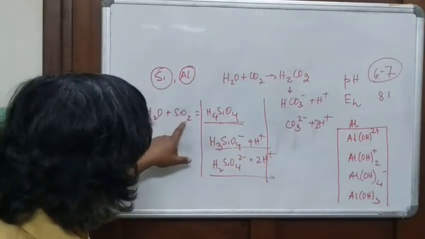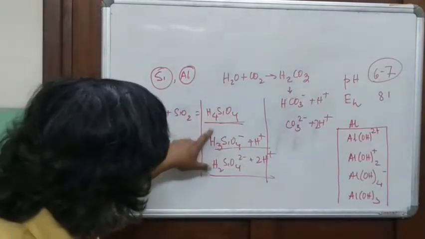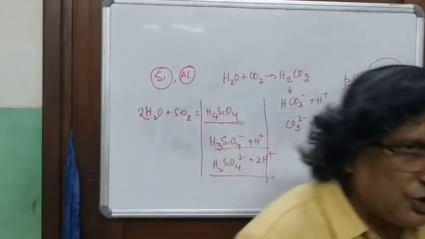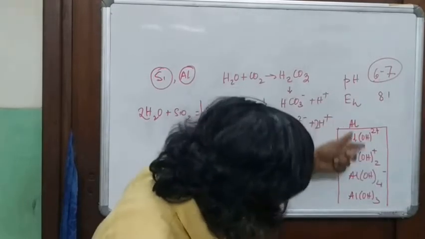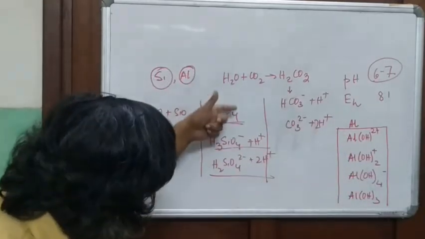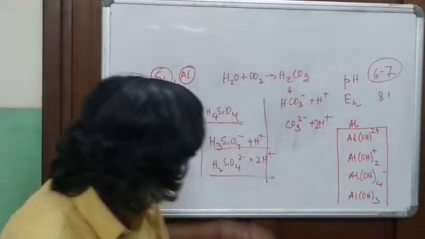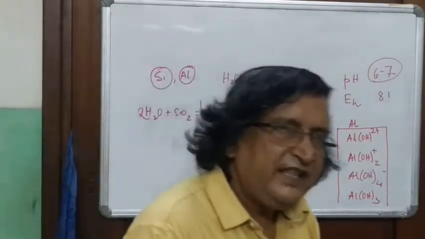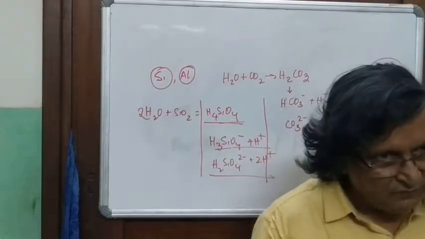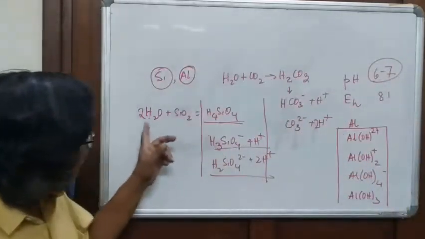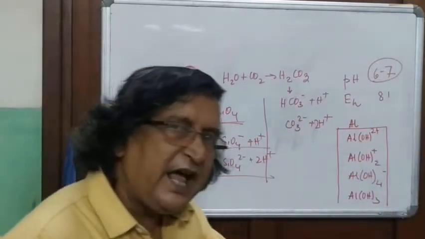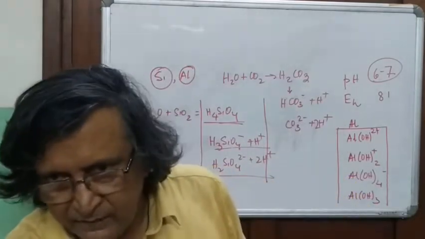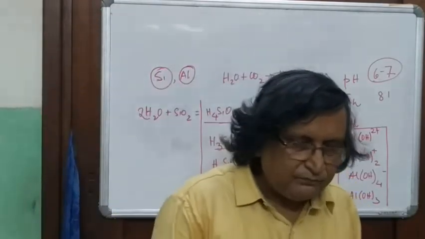And for silicon, you produce orthosilicic acid and then H3SiO4 minus and H2SiO4 2 minus. So all your silicon and aluminium are carried in these species in slightly acidic water. Remember, if we can dissolve the silicon and the aluminium, the whole structure of the rock essentially crumbles.